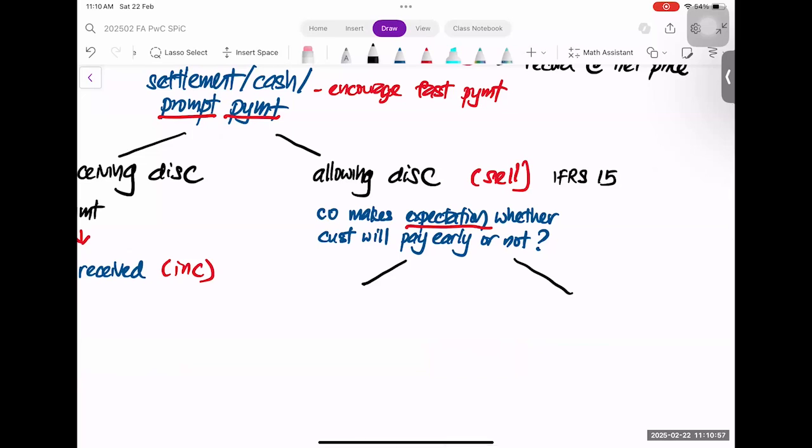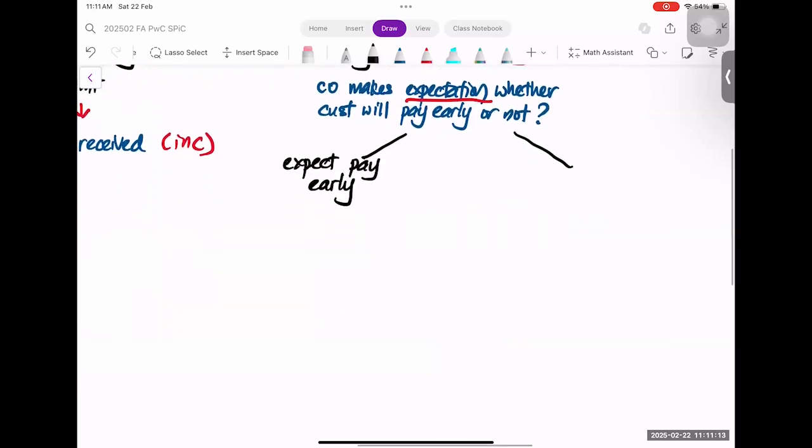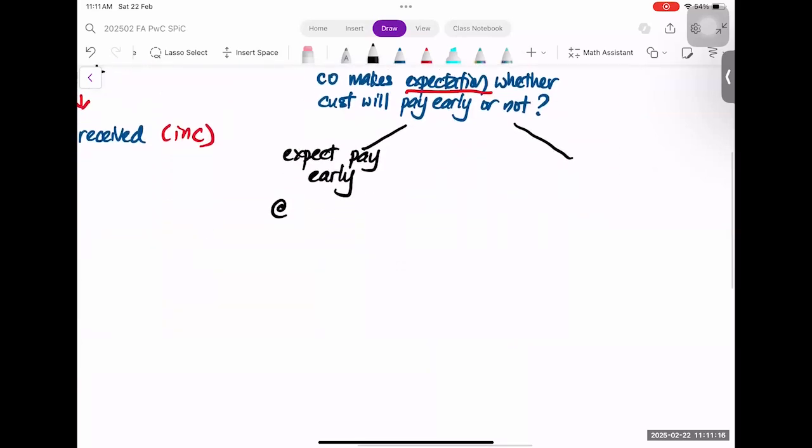One is, yes, you expect your customer to pay early. Remember the double entry, how we record sales? So when the sales happen, what's the double entry again? Debit receivables, credit sales.